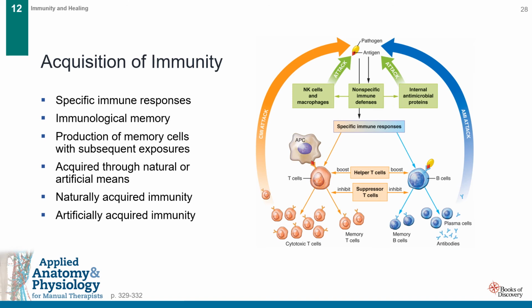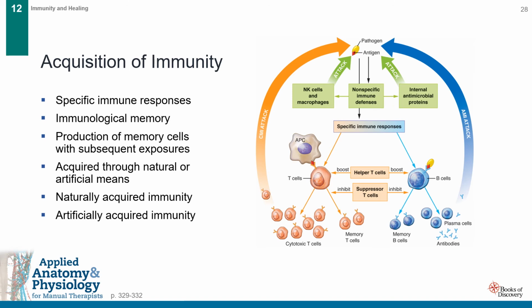Immunity may also be naturally acquired through the transfer of antibodies from mother to baby during pregnancy or through breastfeeding. But since the mother's specific immune responses are engaged in these processes and not the baby's, these are examples of naturally acquired passive immunity. The baby passively obtains immunity by receiving antibodies instead of developing them independently.